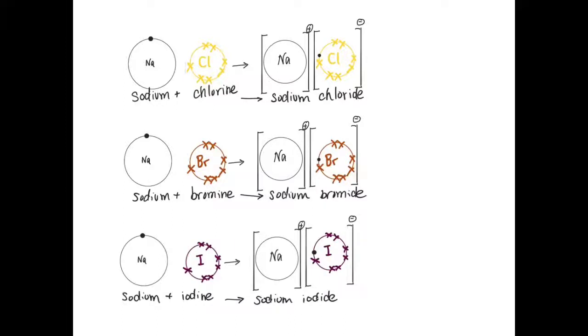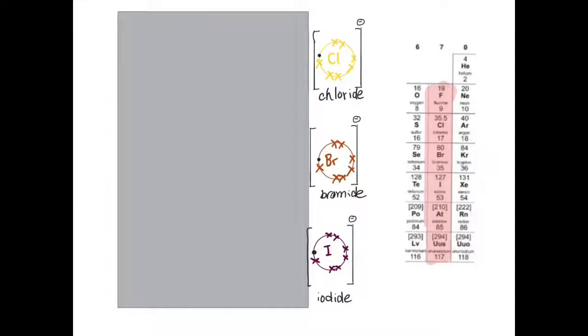Now, if you only show the outermost electrons of sodium and the outermost electrons of chlorine or bromine or iodine, you'll find that the reaction you write down is identical, because all of the elements in group 7 have only got 7 electrons in their outer shell.